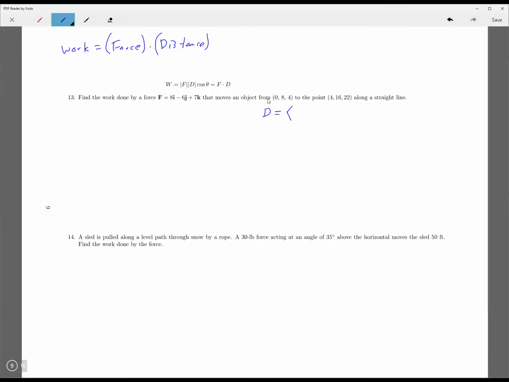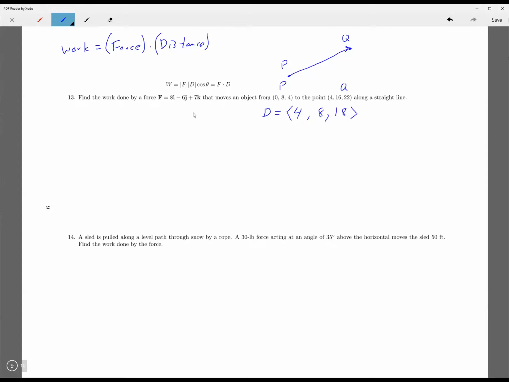We're going from this point to that point. We're going from one point to another point, right? So that's P and that's Q. Is it not going to be 4, 8, and 18? Yes, 4, 8, 18. Okay, so you see how I got that? It's 4 minus 0 is 4. 16 minus 8 is 8, and 22 minus 4 is 18. So that's the vector right there.